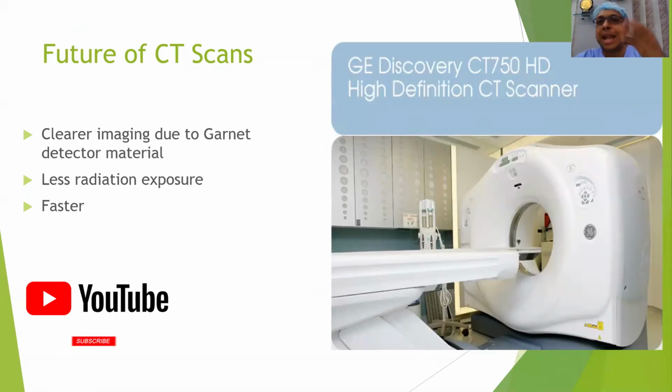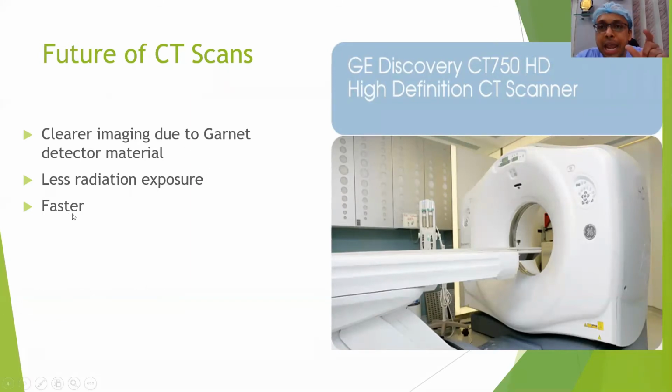Right now, the GE Discovery CT scanner is very sleek and very futuristic, because the time to irradiate is very short. For example, if a scan of the entire spine took 40 to 50 minutes, then in the Discovery type of CT scanner it is, for sure, close to half the time, if not half.